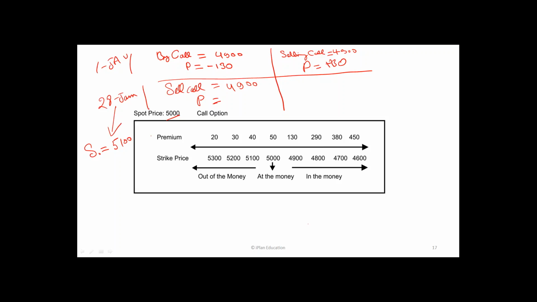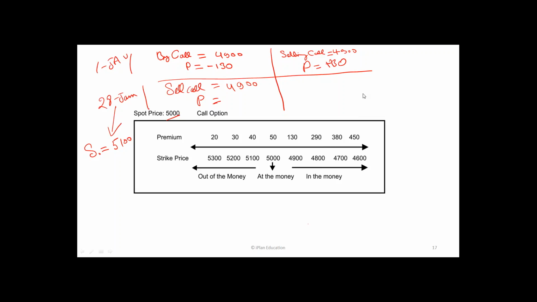Answer me. Exactly. So your contract price, that means you are getting the underlying asset at your contract rate.